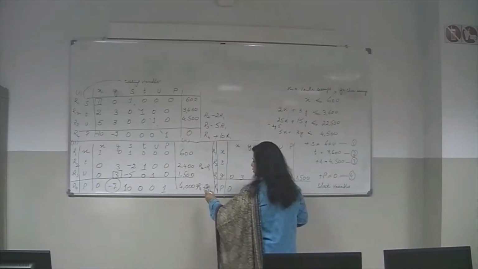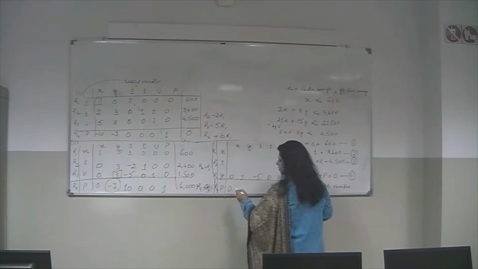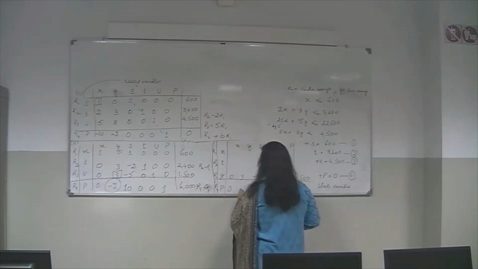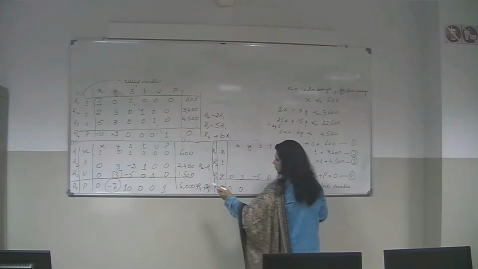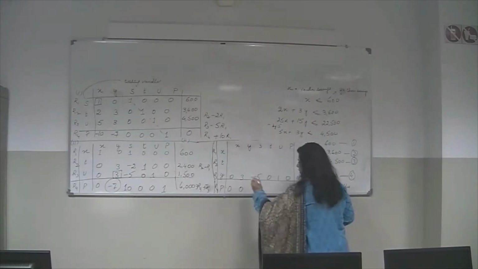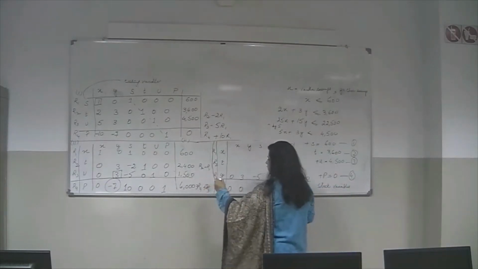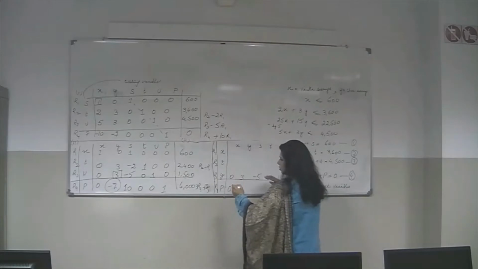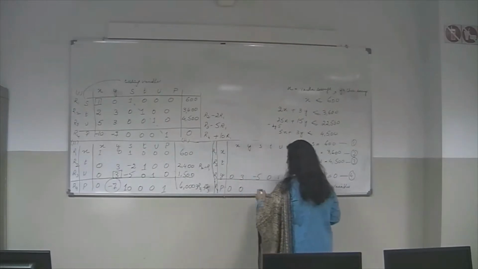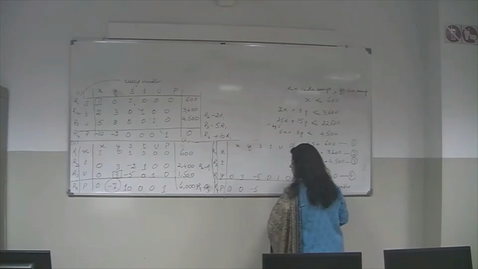Minus 7 into 3 is minus 21, 3 into 7 is plus 21, so in this case, it's going to give you 0. Next we have 10, so 30 minus, now this is 30 and this is going to be 7 5s are 35, so minus 35. So 30 minus 35 in this case is going to be minus 5.